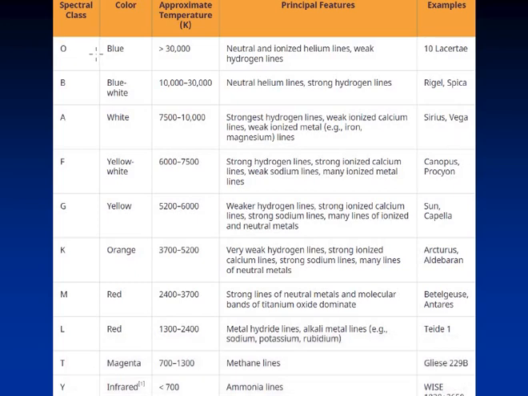As I was saying, the O type of star is blue, with neutral and ionized helium lines. G, the sun, is a yellow star with temperatures in the 5200 to 6000 range, where we have weaker hydrogen lines, strong ionized calcium lines, strong sodium lines, and many lines of ionized and neutral metals.